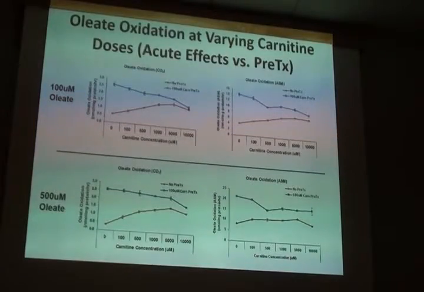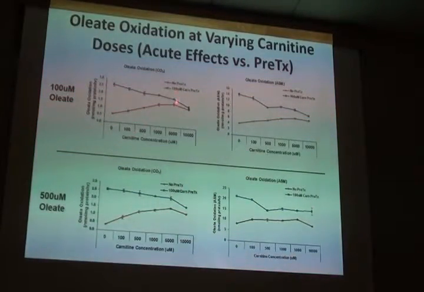So if you want to measure maximal fatty acid oxidation rates in cells, that's the condition you want to use, by including carnitine in the media pre-treatment.